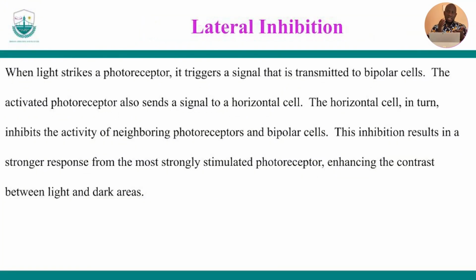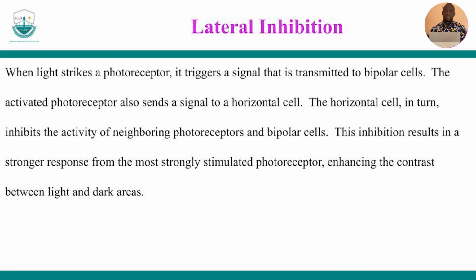When light strikes the photoreceptor, different reactions happen that result in an electrical signal being transmitted to the bipolar cell, the bipolar neuron. And that means the excitation will progress until it reaches the brain.